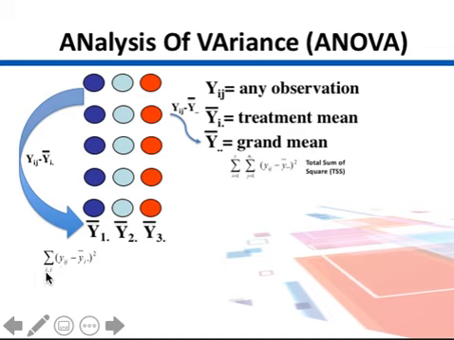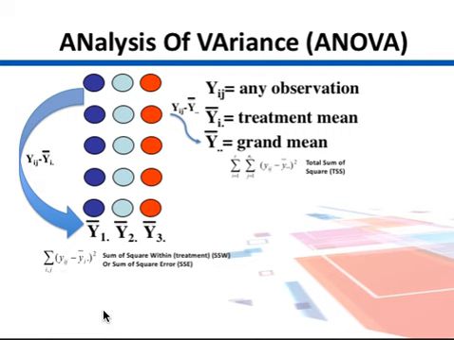This is the sum over Yij minus Y bar i dot, the treatment mean, squared. This is the sum of squares within each treatment, the sum of squares within, SSW.